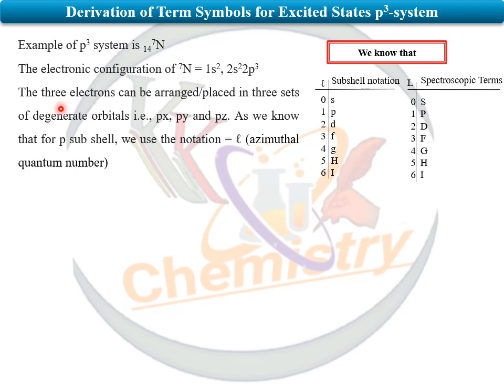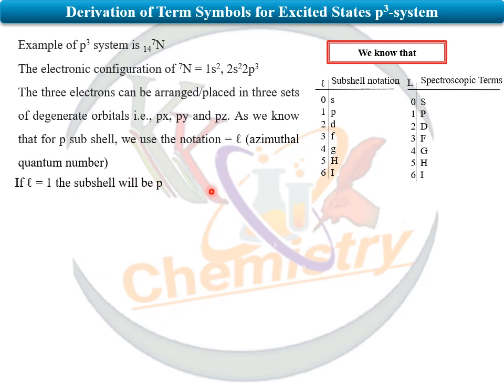You know that there are three degenerate orbitals in a p subshell, and this is denoted by P, and the azimuthal quantum number is 1 for this particular subshell.